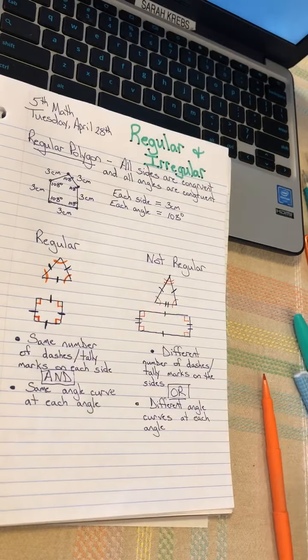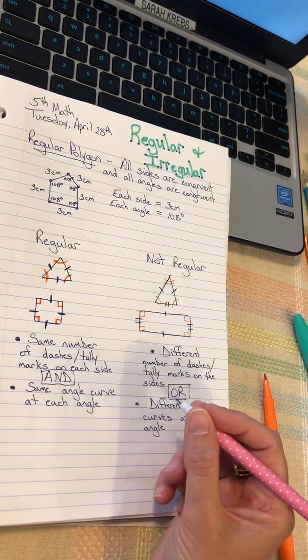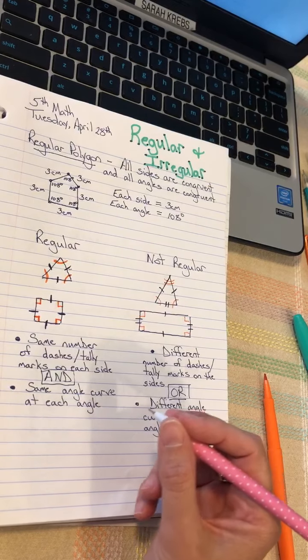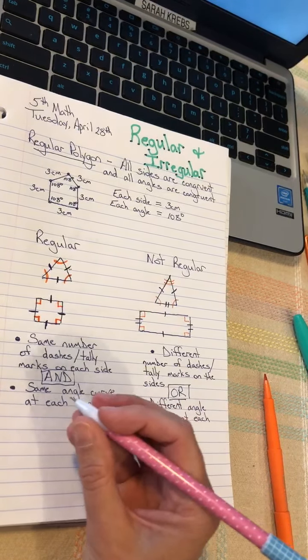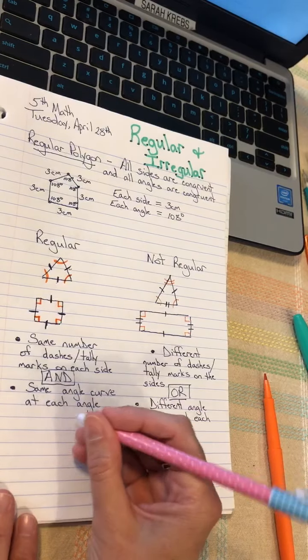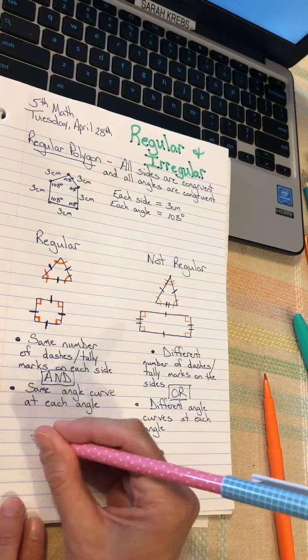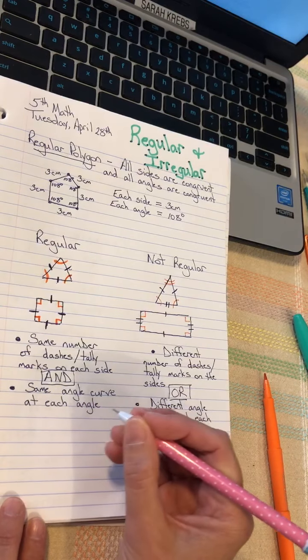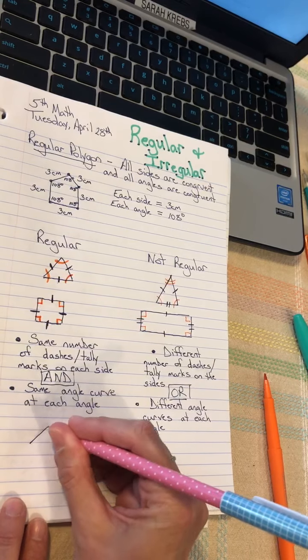Let's give you one other example before we look at examples of irregular polygons. Let's do one more. Let's do a pentagon.